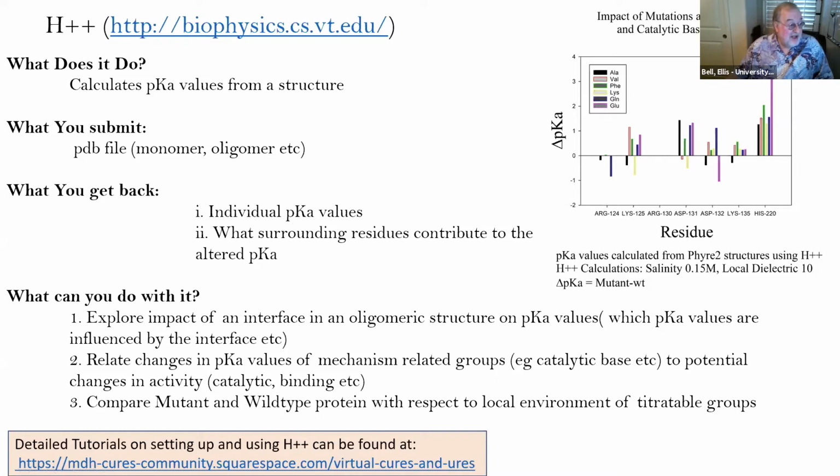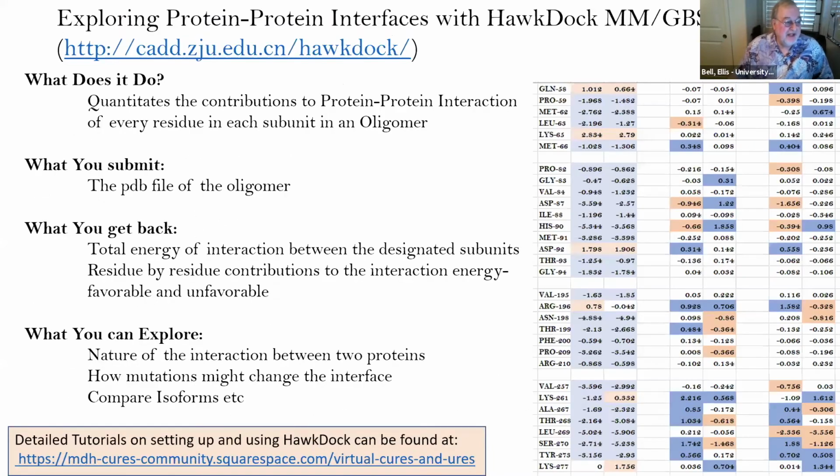So H++, great program. You can use it in real time. So if you have a protein that's oligomeric, or you want to look at oligomeric protein-protein interactions, you can quantitate those interactions using this program called HawkDoc, and in particular, one of the modules within HawkDoc.